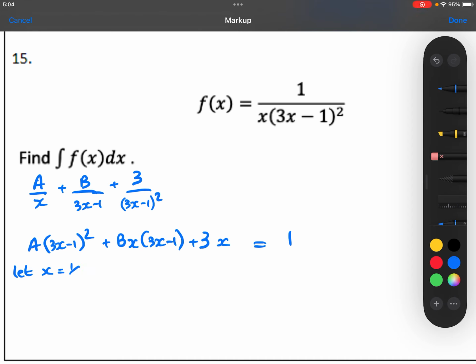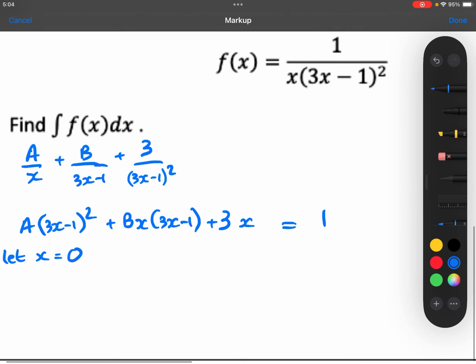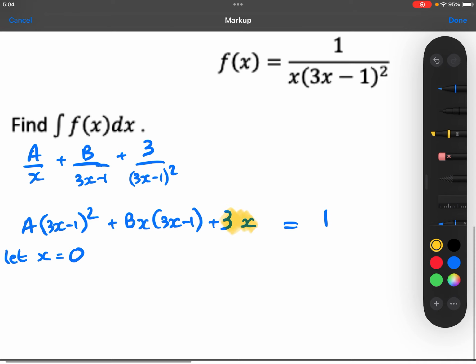Next, I'm going to let x be 0 now. The reason why I'm selecting x to be 0 is because it's going to make this term become 0 and this term become 0 because of the x in there. Which means that that's going to allow me to work out the a term.